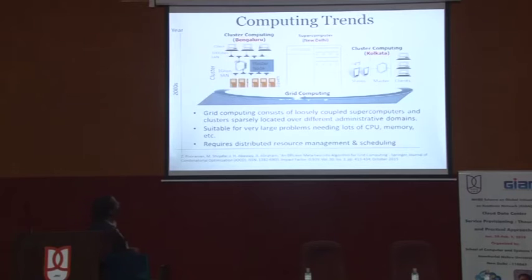Grid computing allows you to use resources from many locations. As you can see, this is a cluster in Bangalore, this is in Calcutta, and this is in Delhi. So Delhi has supercomputing.